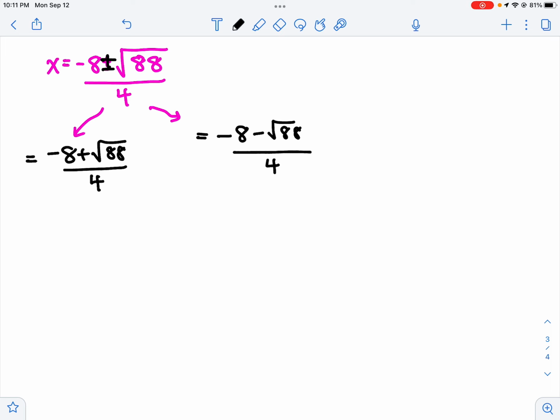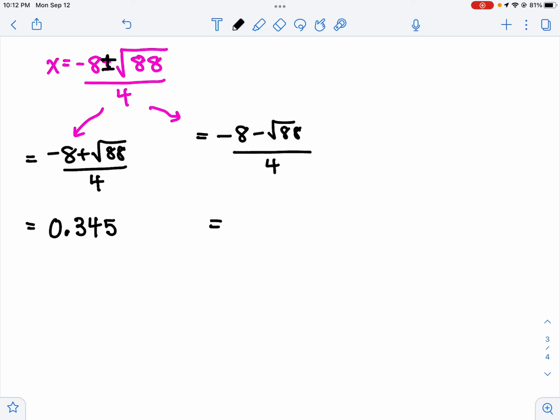You are welcome to leave it like this if you want to. Those can be the two roots, your two x-intercepts. Or if you want to go further and use a calculator, negative 8 plus the square root of 88, divided by 4, I got 0.345.